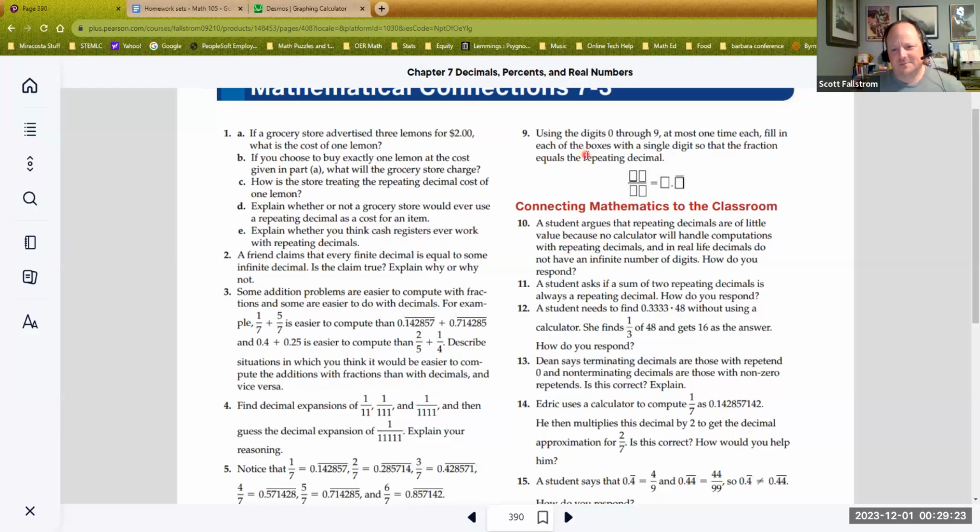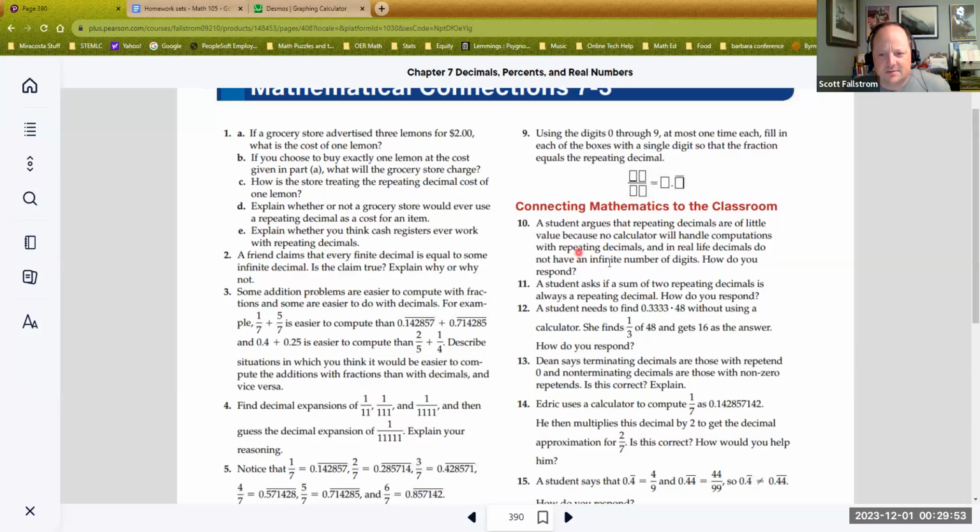Okay. I'm just making sure I read that right. So you have a box in front, because over here, if you had just a single digit being repeated, like a 0.5 repeating, that'd be 5 out of 9. So they're giving you that extra little piece over here, another digit, and saying, okay, let's actually make that work.